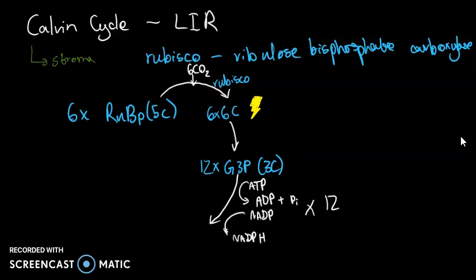Along with that, NADPH is going to be oxidized to form NADP+, and because of this, with oxidation comes reduction. So we get a molecule called a triose phosphate, specifically 12 triose phosphates. For them to form, we're going to need 12 ATPs and 12 NADPHs.